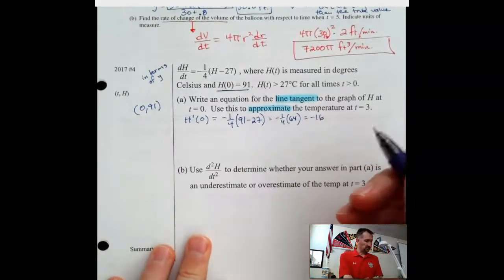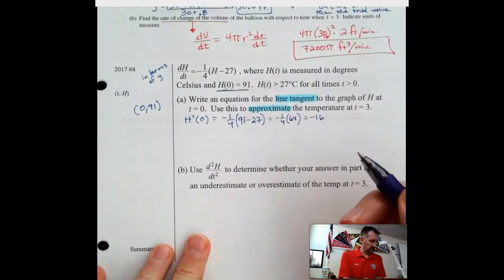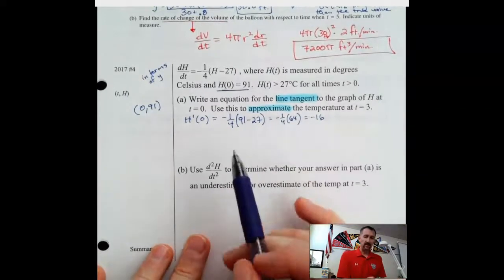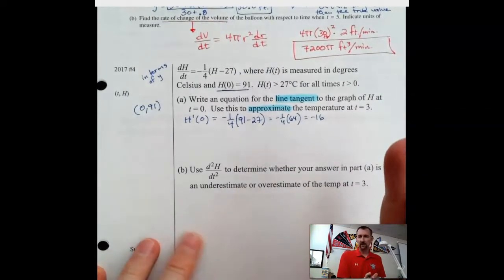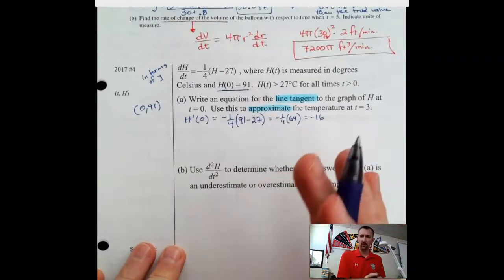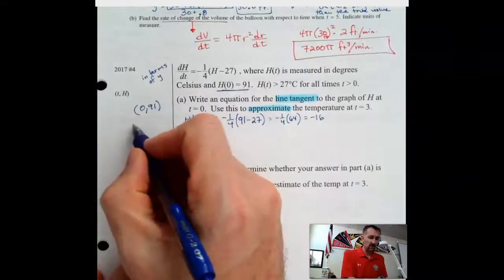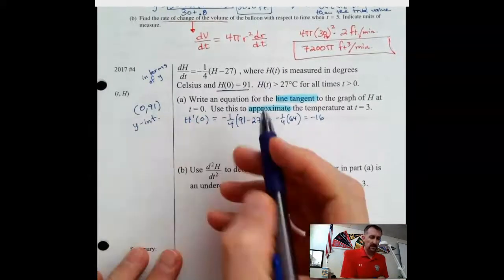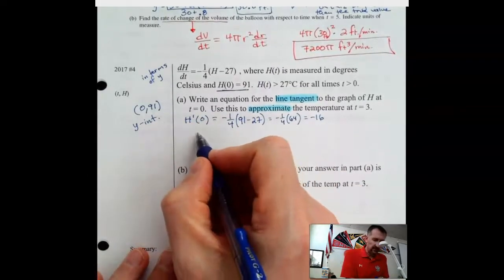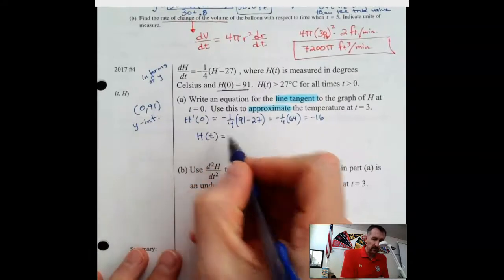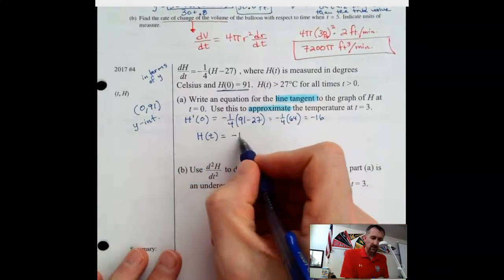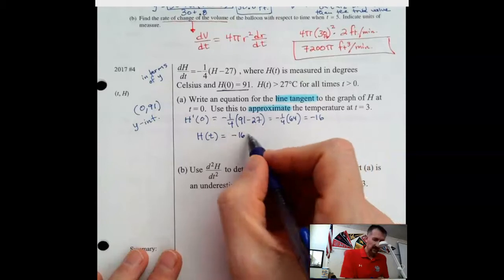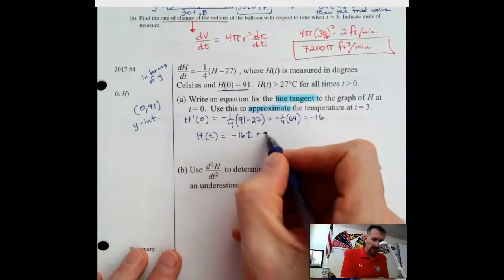So now we can write the equation of the tangent line, and we actually don't have to use point slope form like we normally do, because this is the y-intercept, because x equals 0. So we could go straight to h of t equals, that's the slope, so it's negative 16t plus 91.